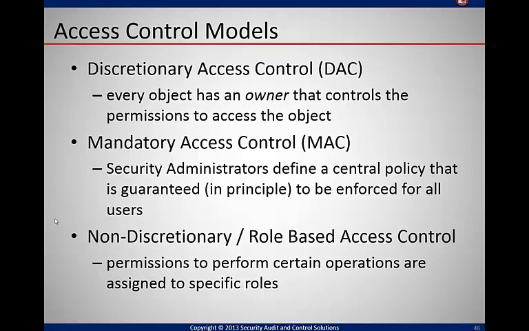In mandatory access control, MAC, the security administrator defines a central policy that is guaranteed in principle to be enforced for all users. So in discretionary control, we have the user of the object, the owner of the object, who can actually control it, and the other one is with a policy that is published. So it's like a system administrator granting or revoking access.